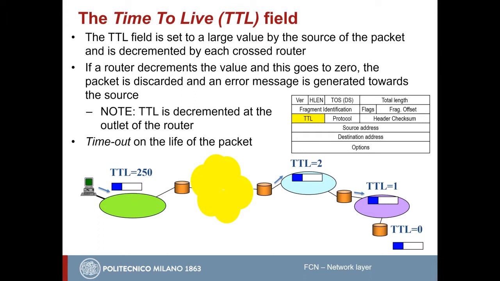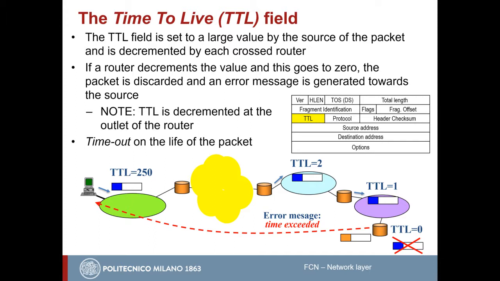And when the packet is discarded, as we said, a notification is sent back to the source in terms of an ICMP message, exploiting the ICMP protocol, and this notification is a time exceeded, meaning the packet was discarded because time to live has arrived to 0.